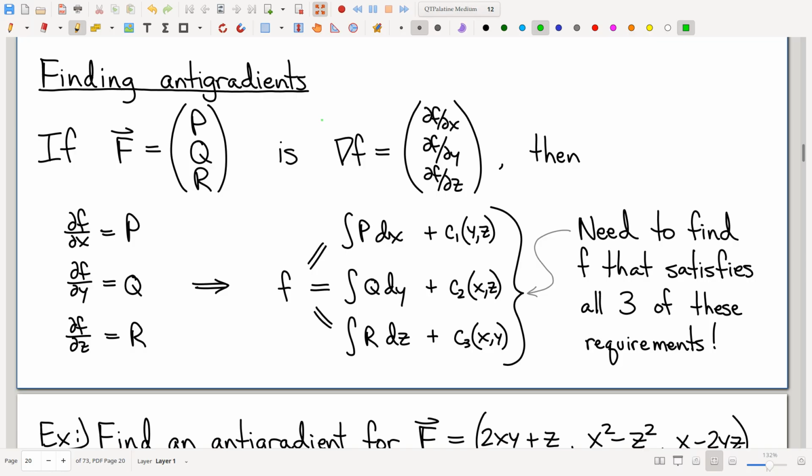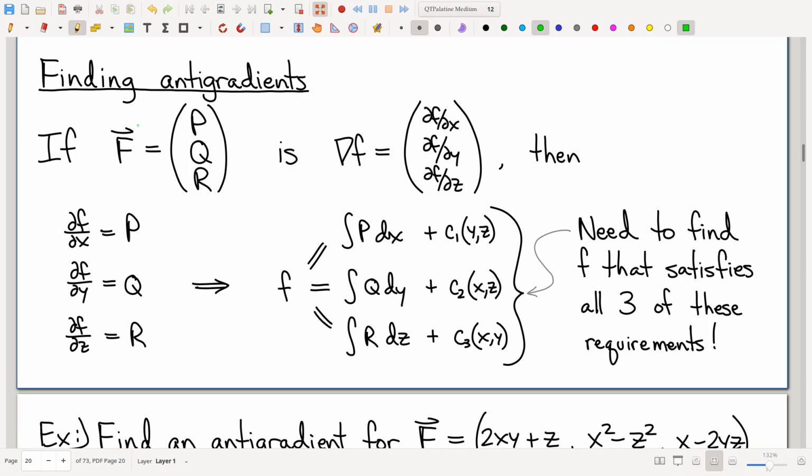I pulled a rabbit out of a hat and I said, here's the antigradient. I didn't give you any sign of where I got that from, right? So here it is. And very reasonably, you probably were thinking to yourselves at the time, I don't know how to pull a rabbit out of a hat. How am I supposed to find antigradients? Right? So here's the method.